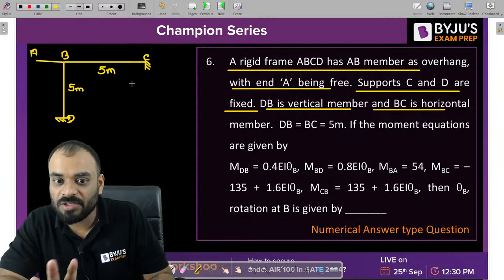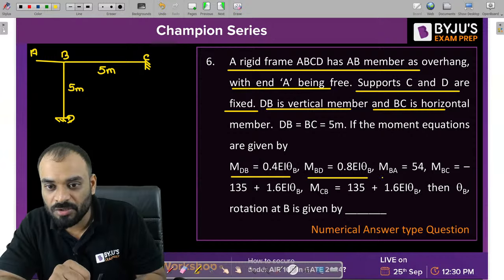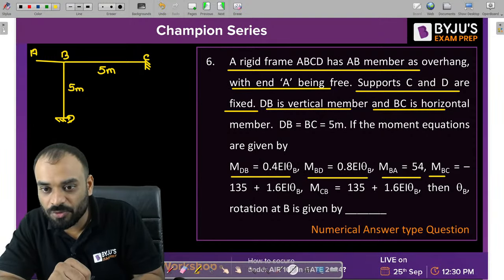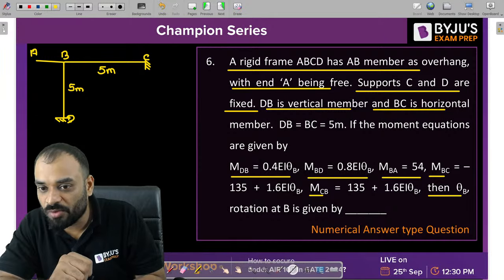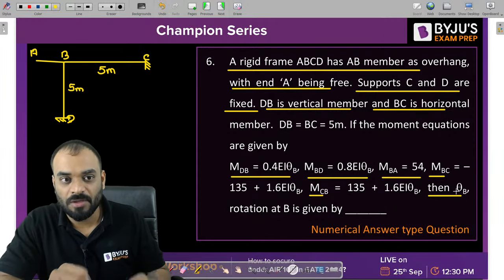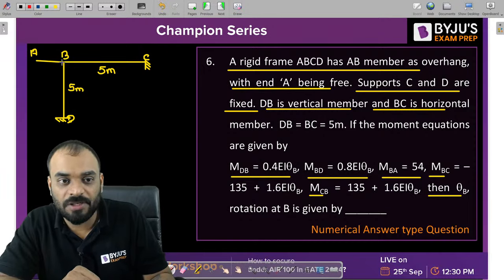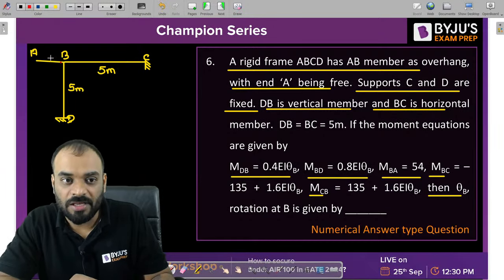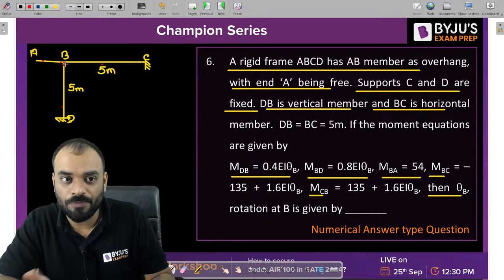Now the moment equation is already given to us for the BD portion, BA portion, BC portion and CB portion. The question is, what is the value of theta B? We need to find it out. If you know the moment value at this particular joint for different members like BA, BC and BD, and I take the summation of moment at this joint equal to 0, that can be true, right?